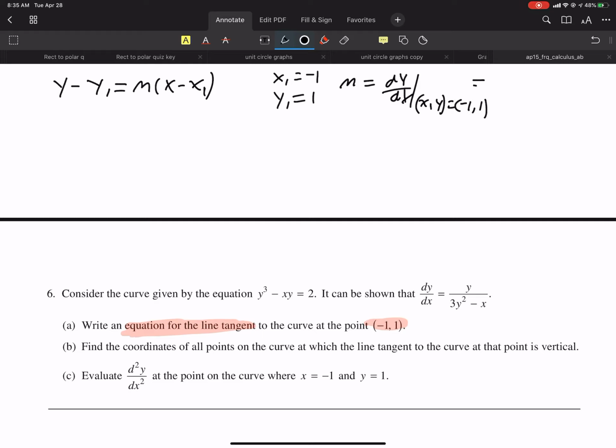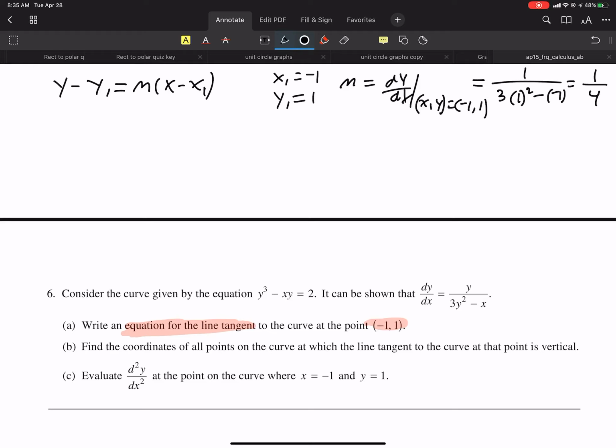So we just plug that into the derivative. So we're going to get 1 over 3 times negative 1 squared minus 3 times positive 1 squared, minus negative 1, which is 1 over 3 plus 1, 1/4.